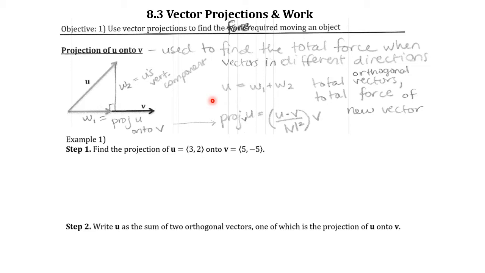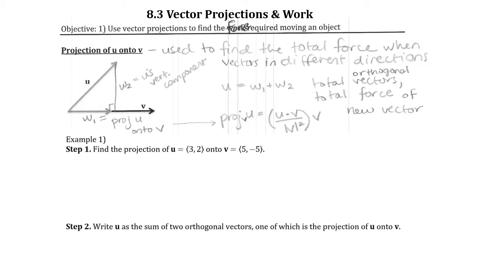And so we're showing U as now a total of its projection and the orthogonal component, the complement. I like to call it the complement. And like I said before, once we do a few of these, you'll understand why we find each one and how it works in a word problem.